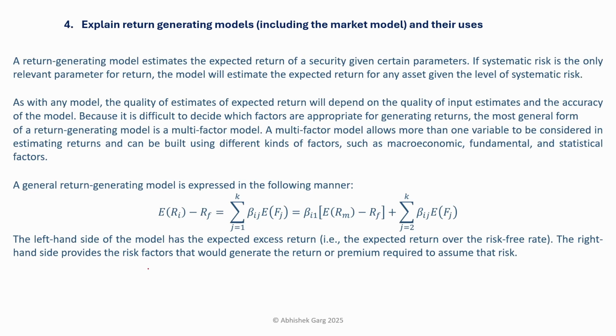Explain return generating models and their uses. A return generating model estimates the expected return of a security given certain parameters. If systematic risk is the only relevant parameter for return, the model will estimate the expected return for any asset given the level of systematic risk.